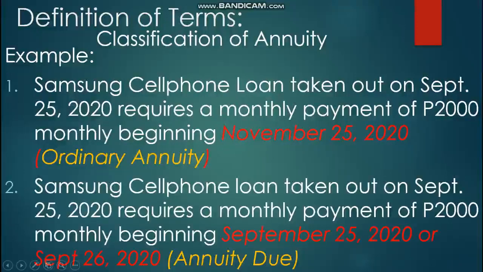Next, Samsung cellphone loan taken out on September 25, 2020 requires a monthly payment of 2,000 monthly beginning September 25 or September 26. Tatawagin siyang annuity due kasi ngayon ka nag-loan, nagbayad ka ng first month mo ngayon din. Yun yung beginning of the payment interval. Wherein ordinary annuity, yung last day of the payment interval. Where annuity due, first day or beginning of the payment interval.